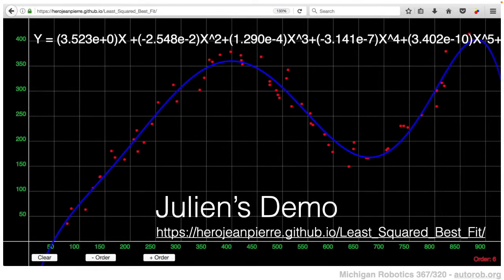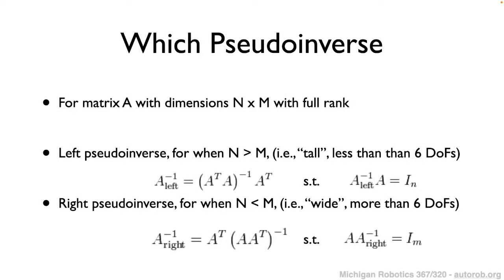This demo here, you can go online and actually view it. It's really neat. It allows you to essentially add observed data points to the environment, and then fit a polynomial equation of varying degree to the observed data. In particular, it's fitting this equation based on the least squares best fit approximation, which can be solved using the pseudo-inverse, as we're talking about.